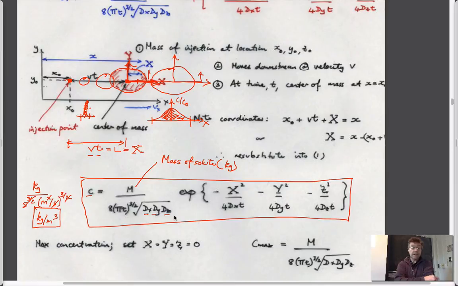And I guess the other result would be that if you look at the center of the plume, if you draw it in plan view, the center of the plume would be these uppercase X's and these uppercase Y's.